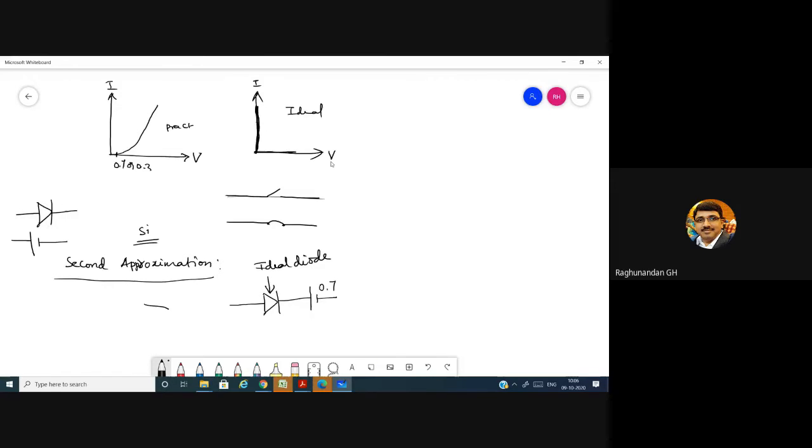Now, let us assume this is the circuit for the second approximation.